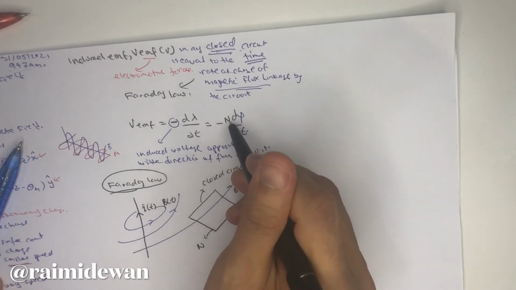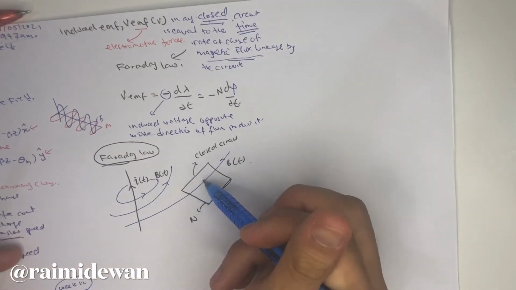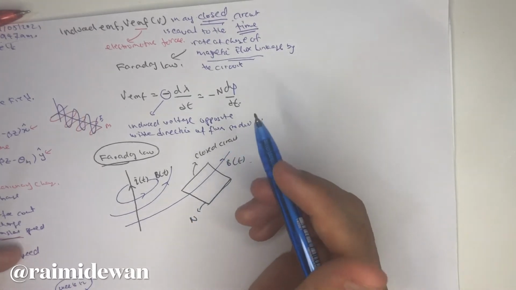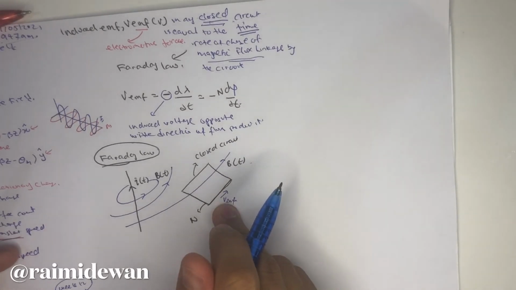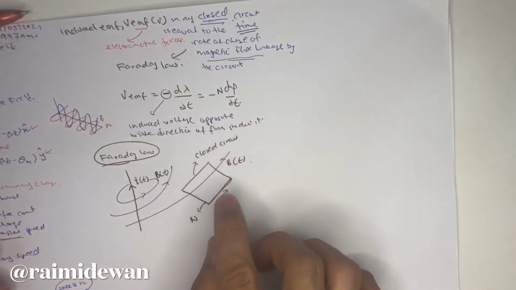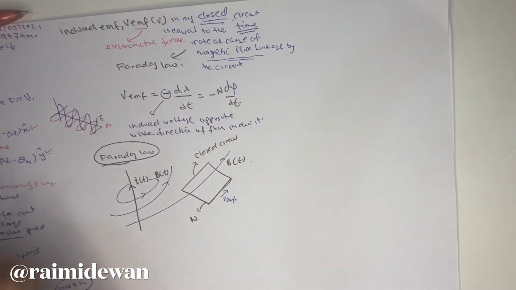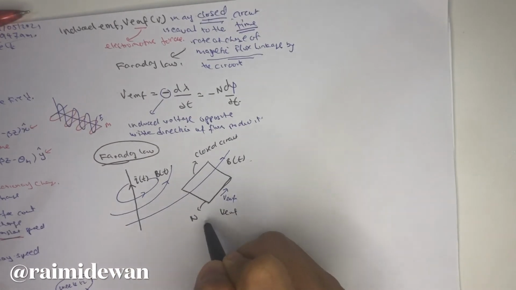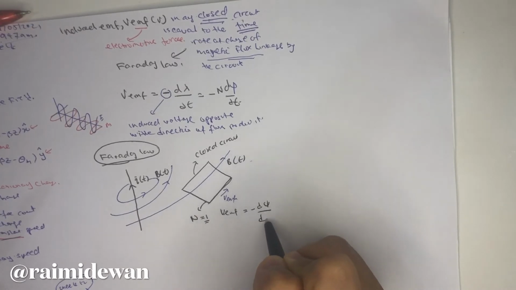When we have this B passing through this closed circuit, it will induce a VEMF, which is your electromotive force. If it's only one turn, you will have negative d flux over dt.